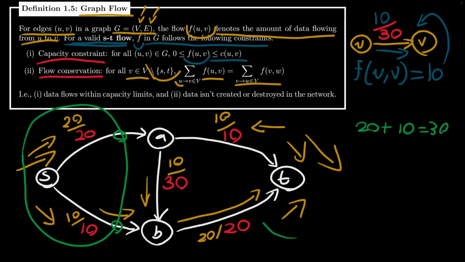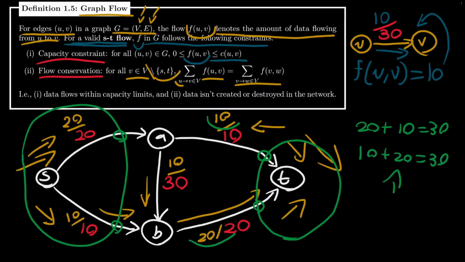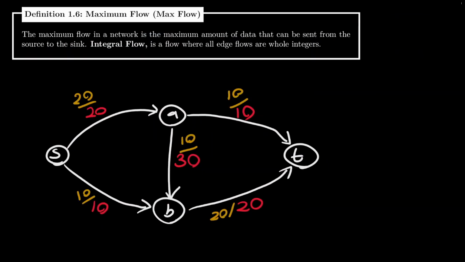If we look at the end here, if we create a capacity cut around T, looking at these cuts here and here, we're going to get 10 plus 20, which is equal to 30, which verifies that what we're getting in is what we are getting out. So this is the flow conservation, and this is a valid flow graph. So this is what we mean by a valid flow graph. Let's go over two definitions.